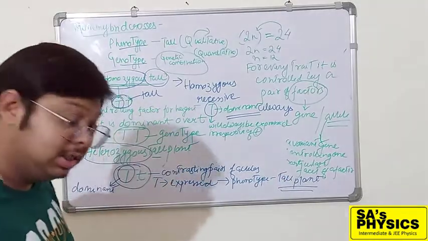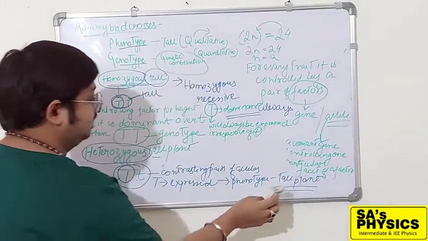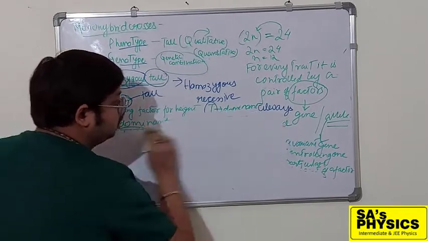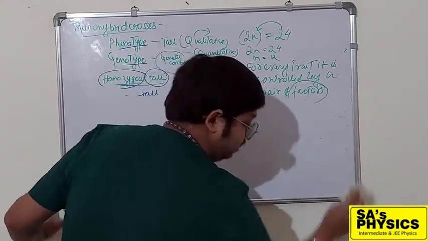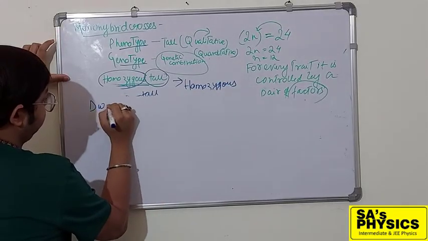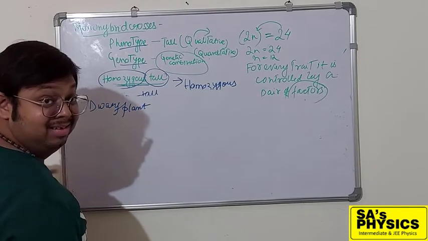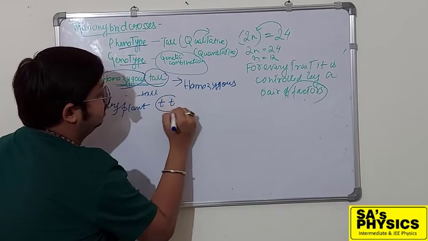So, what will be the condition when dwarf plant is produced? For the production of a dwarf plant, it will always be small t, small t.